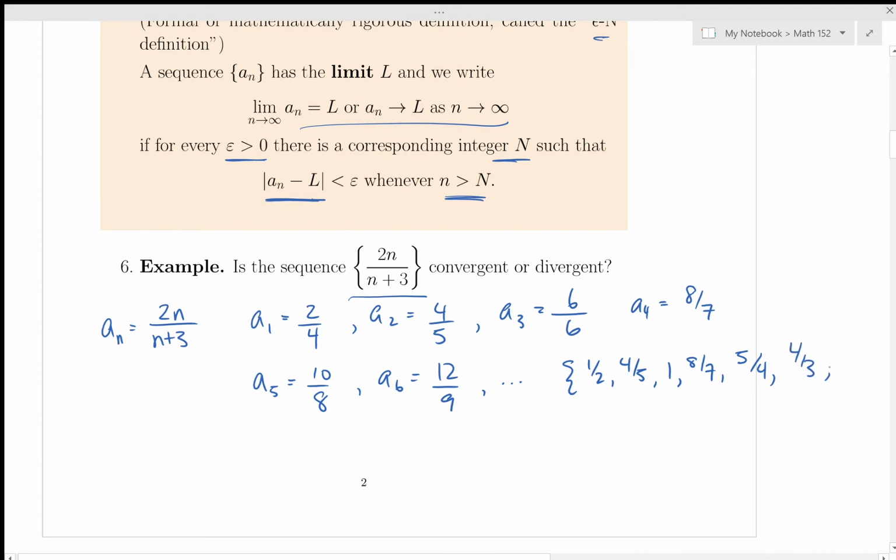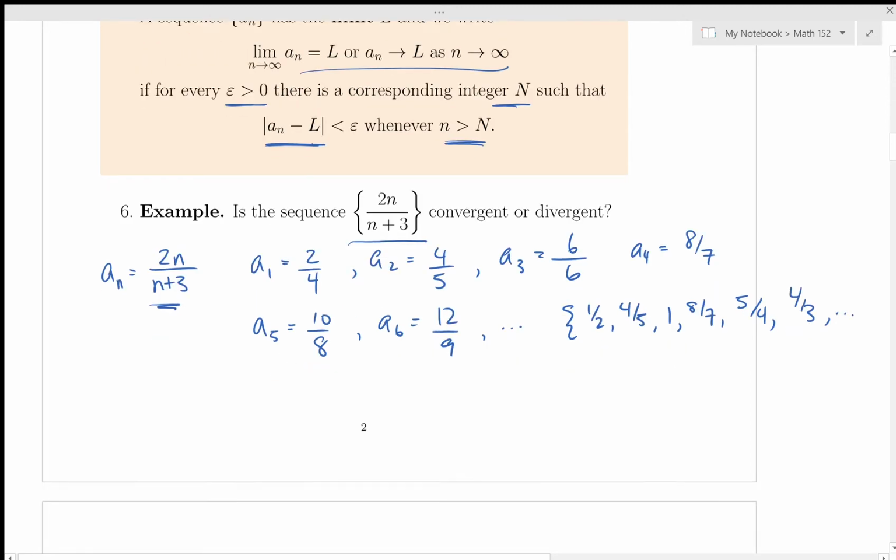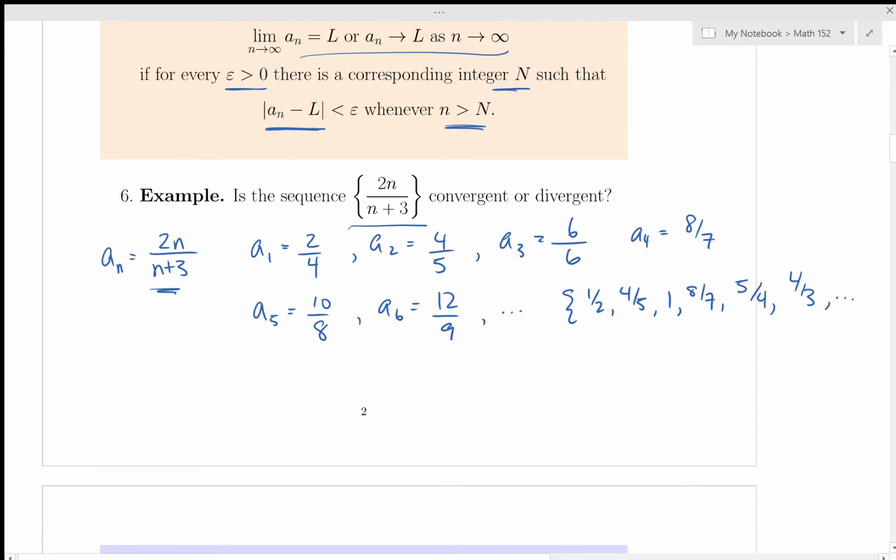Okay, so we have some list of numbers here. That's what a sequence is, a list of numbers. And in this case, the list of numbers is given by this rule. We're asking, is it convergent or divergent? So we take the limit as n goes to infinity of 2n over n plus 3. That is equal to the limit as n goes to infinity of, dividing top and bottom by n, 2 over 1 plus 3 over n.